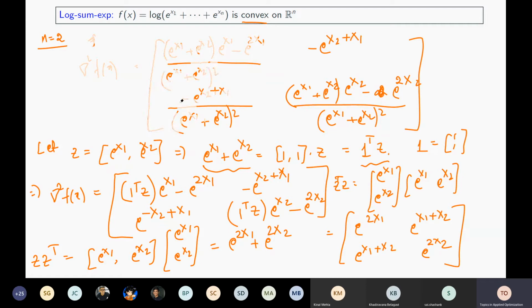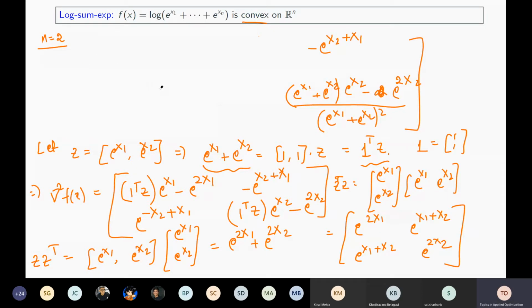We can write this compactly, and usually what we have to do is write this as some kind of inner product of the same vector so that it becomes greater than or equal to 0. The main trick here is to rewrite things in a way that we get to that.